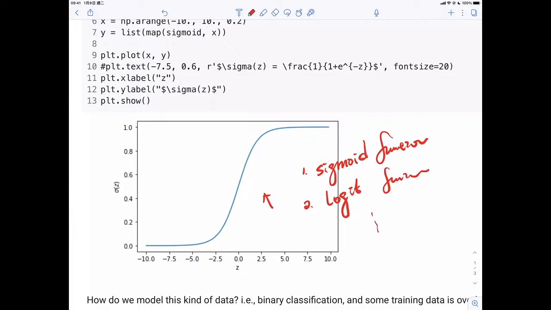Such a shape is quite useful when we describe this kind of data. Y is categorical data, and the value of Y might be considered as a probability. The value on the Y axis is 0 or 1, but it can be regarded as something like a probability.